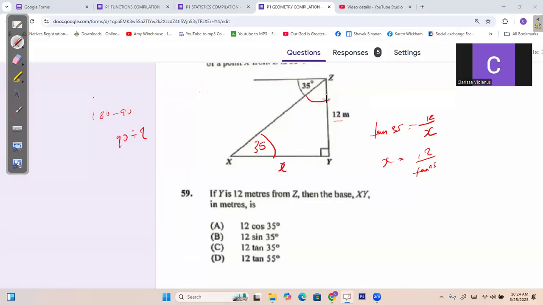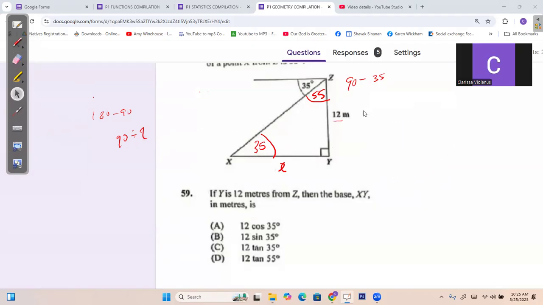What is the angle here? The angle here is 90 minus 35, which is 55. So that's 55. So that means, no, this is the opposite. So it's still tan. So it's a new equation. Pay attention because this does come up a lot and people just get this wrong.